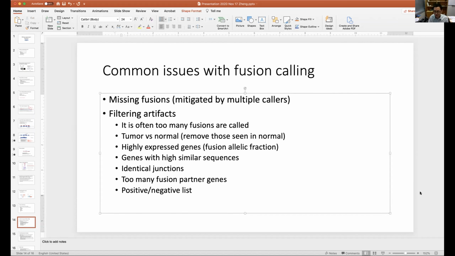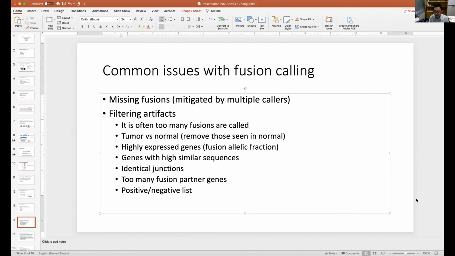One of our last resorts is, let's say you identify these fusion candidates and you have designed filtering criteria to remove these potential artifacts. Even if you apply them, you can accidentally remove the real fusions, and you can also fail to remove the known artifacts. What do you do then? The last resort is we create a positive and negative fusion list.